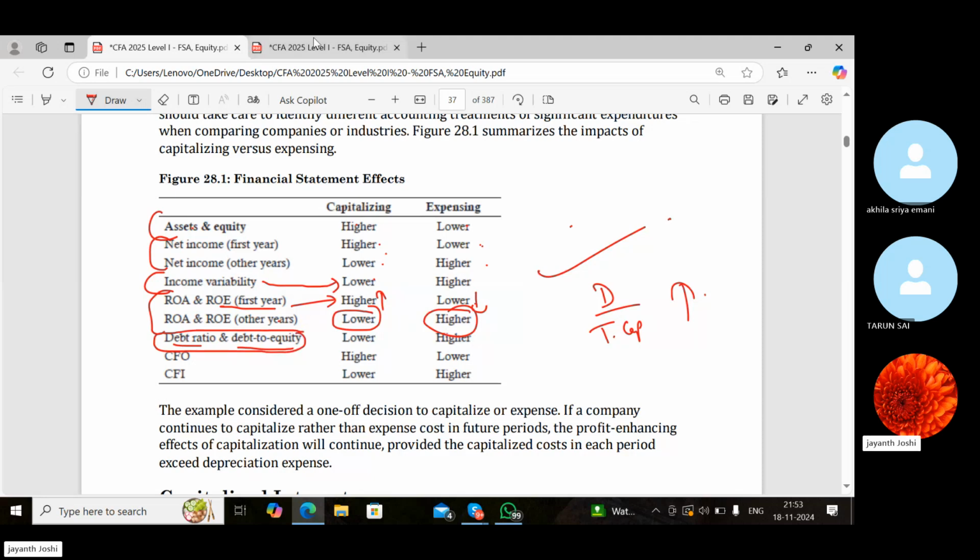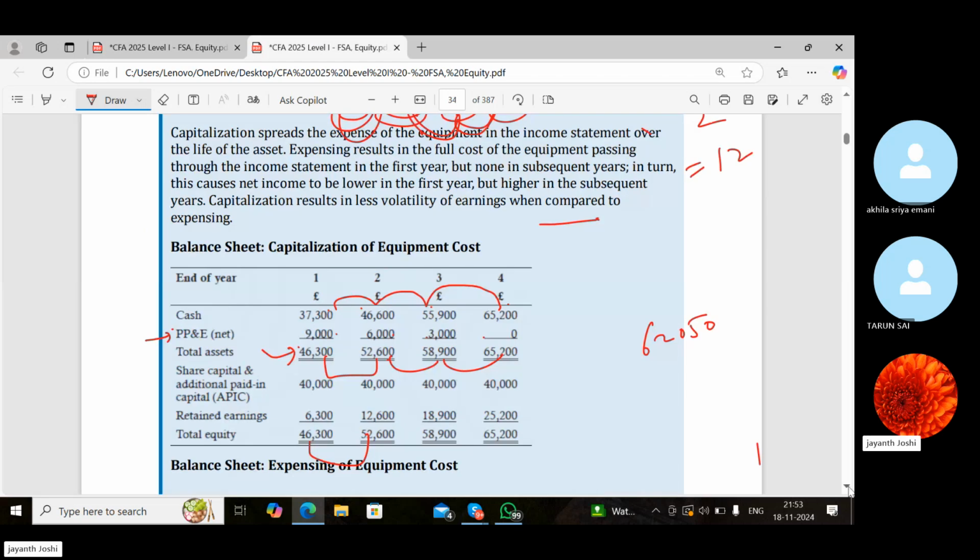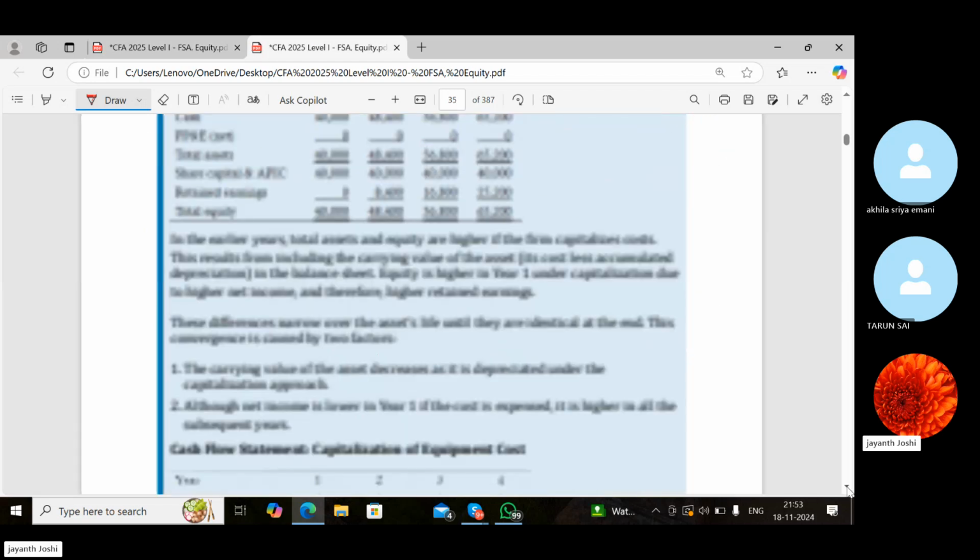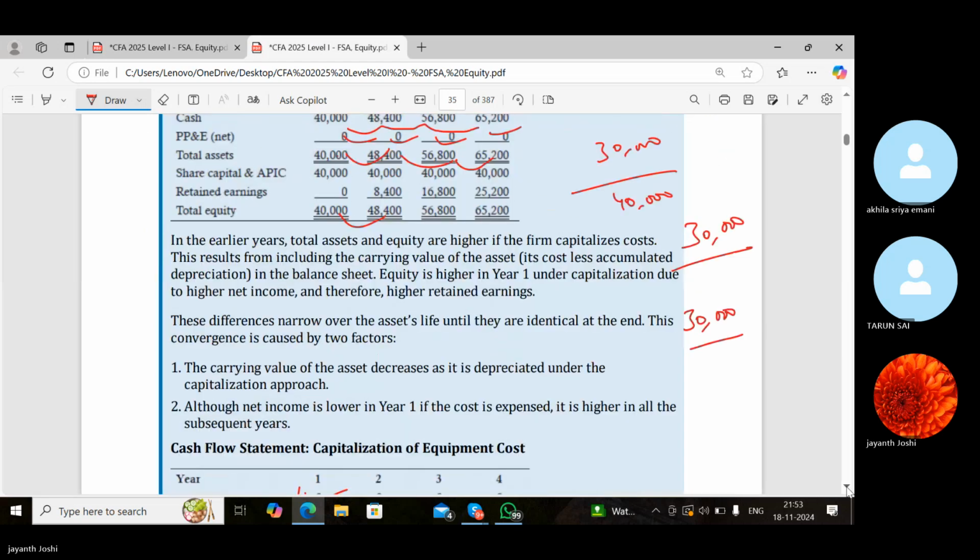Let me check. Are they telling us to consider additional paid in capital as debt?